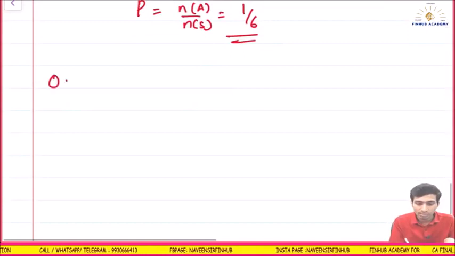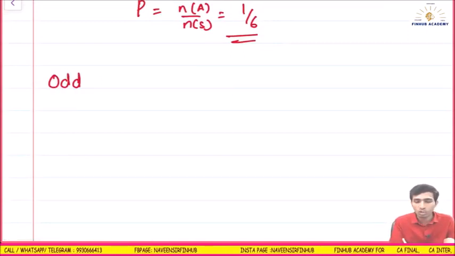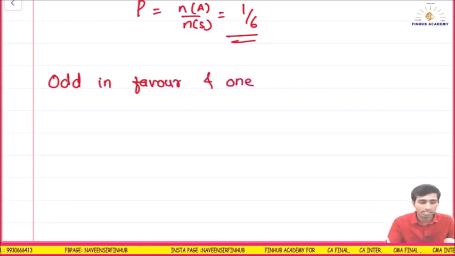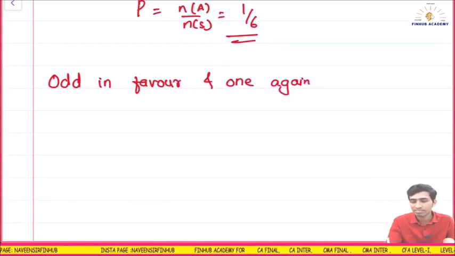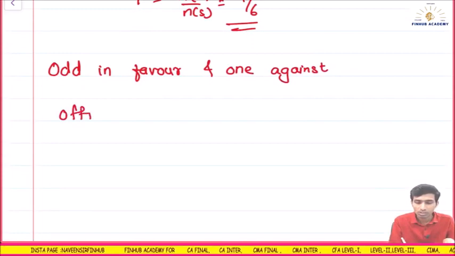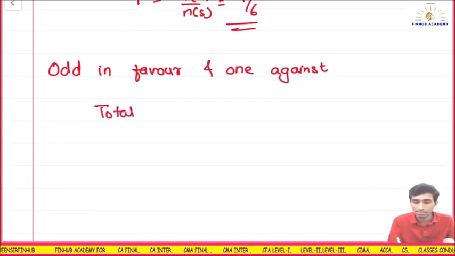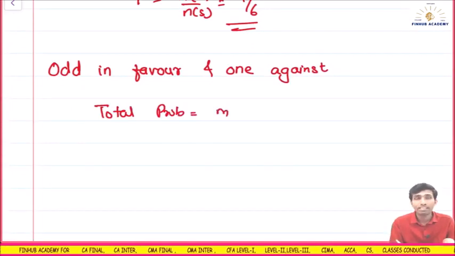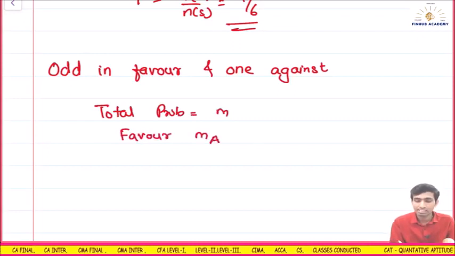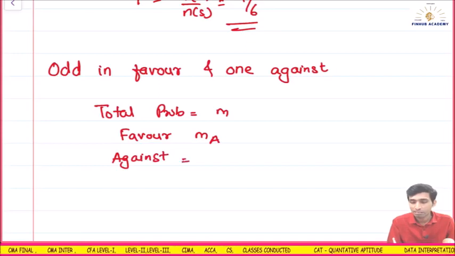One more thing where people have a problem: odds in favor and odds against. Let's say my total is M, the favorable is MA, then against is M minus MA.